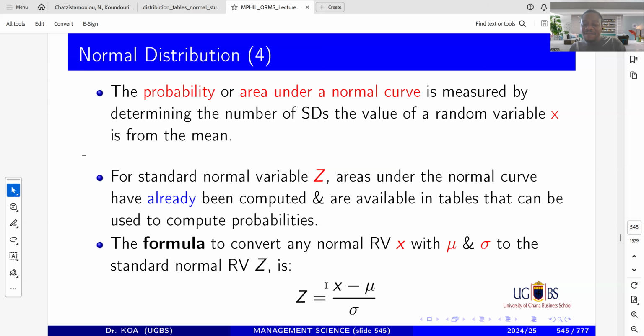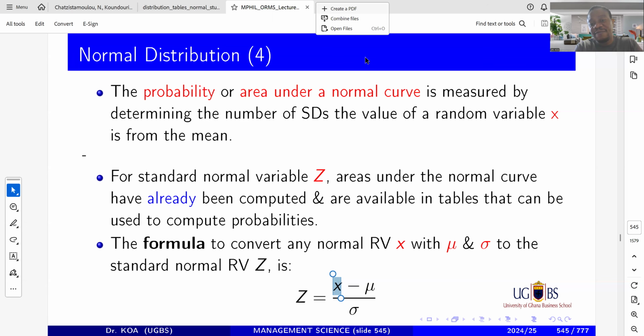This is a wonderful formula. The x here is the random variable, a particular aspect of the random variable. Remember, it is not capital X. Capital X is all of the individual random variables. So suppose we are talking about ages, and there are a certain number of people.